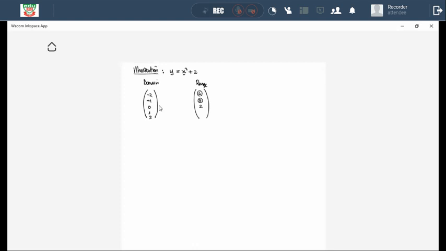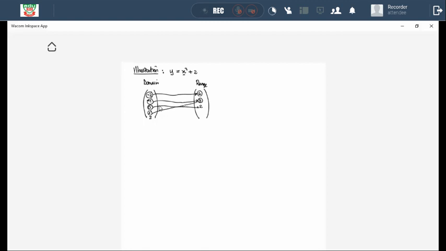Okay, now look at this. If I go back, -2 is associated with 6. Our -1 in the domain is mapped onto 3. 0 is mapped onto 2, right? 1 is mapped onto 3.